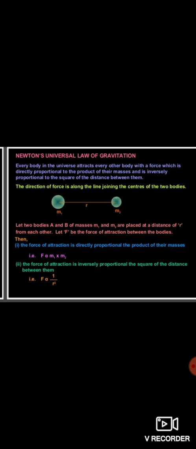If you increase the masses m1 and m2, then the force will also increase. And what is the meaning of inversely proportional? As you increase the distance between the masses, the force will decrease. And if you decrease the distance, then the force will increase.